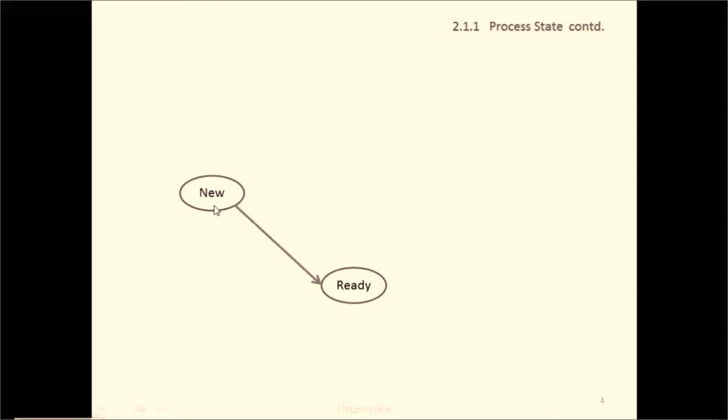So a newly created process gets into the ready state. Now from the ready state, the process might get allocation of the CPU, and then the state of the process becomes running. The new process is created, pushed into the ready state, and from the ready state, when the CPU is allocated to it, it gets into the running state.